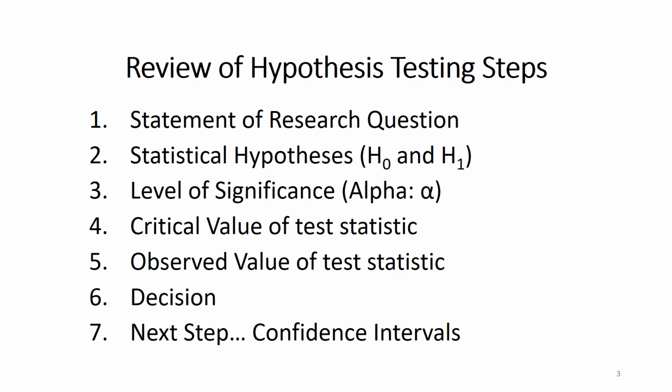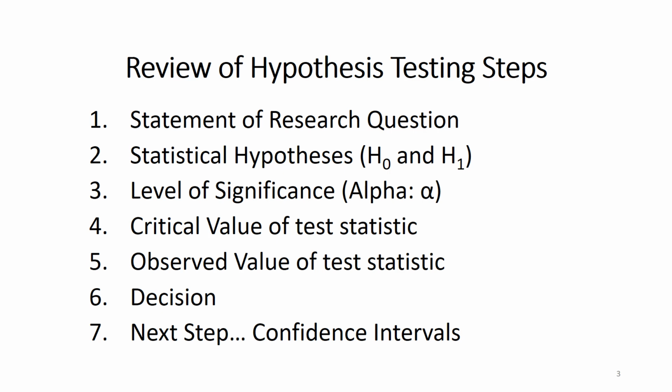We then are going to set our level of significance, our degree of rarity, which is alpha. And as always, we will set that at 0.05. We then need to determine the critical value of our test statistic, which is based upon the level of alpha and the particular test that we're doing. We're going to be doing a z-test, so we'll see how that works.